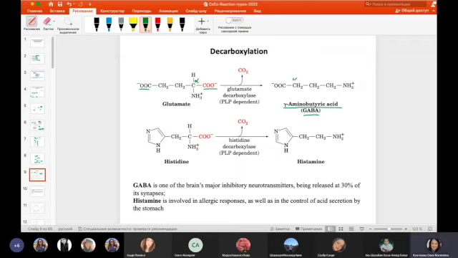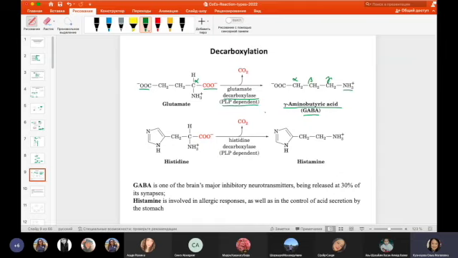Now, alpha, beta, gamma carbon: the amino group is linked with the gamma carbon, therefore gamma amino butyric acid, or GABA in abbreviation. This reaction is catalyzed by glutamate decarboxylase. It is a PLP-dependent enzyme.